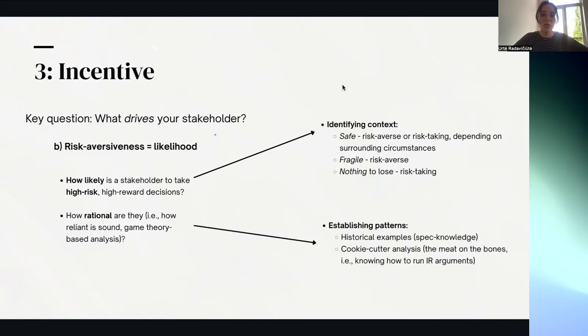A second question that you might want to ask yourself to better understand how risk averse your stakeholder is to talk about their rationality, as in when you break the matrix down, how likely is it that the stakeholder will genuinely stick to the most plausible outcome in their minds, or how likely is it that they're just going to make an unpredictable decision because of the way that they're feeling, for example.